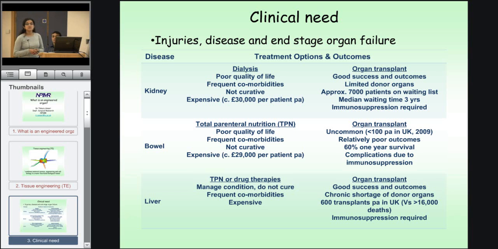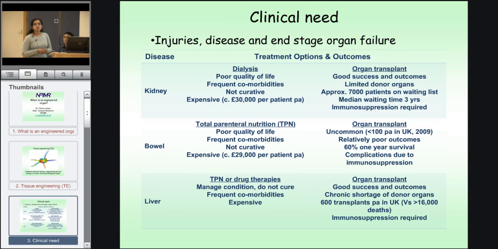One of the reasons is due to the immunosuppressive drugs that are used and the complications arising from that. But if we look at the cost of keeping patients who would benefit from a transplant, if it was possible, that's quite high. If we look at the liver, we can also see that although the success is great, again, there is a donor shortage.